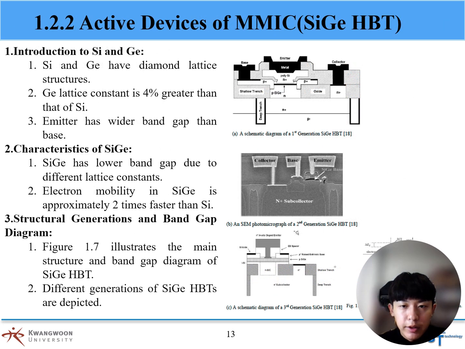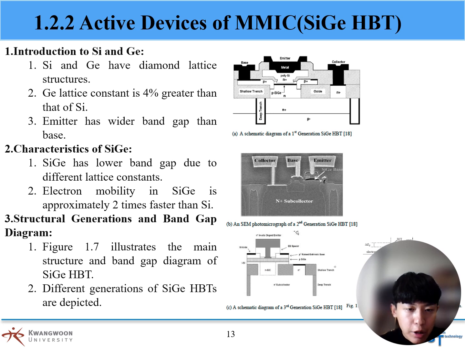This part is SiGe HBT. First, we need to know the Si and Ge. Si and Ge have diamond lattice structures, and the Ge lattice constant is 4% greater than that of Si, and the emitter has a wider bandgap than base.